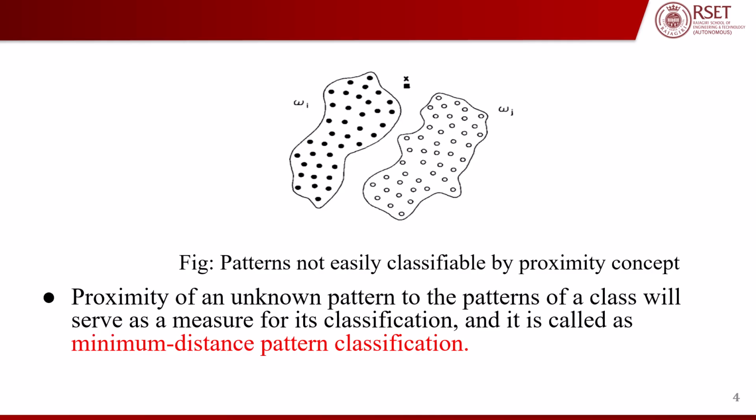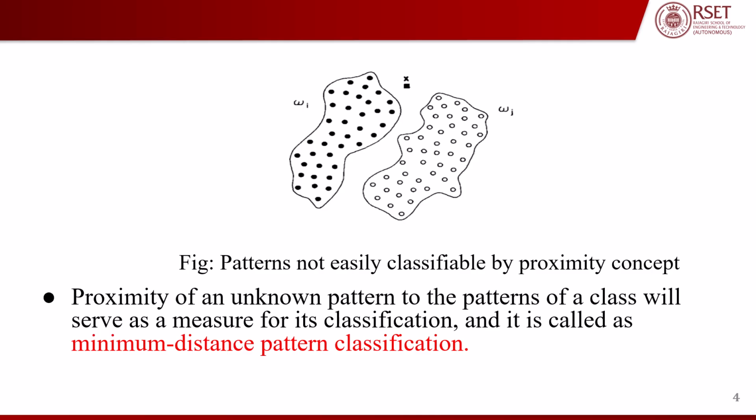Like for this example, here you again have omega I and omega j, and you have the reference point x, and here it's not very clear whether the nearest point from x is in omega I or omega j.